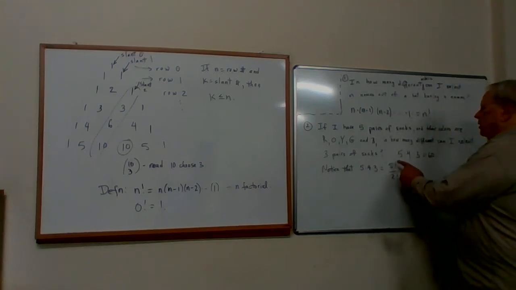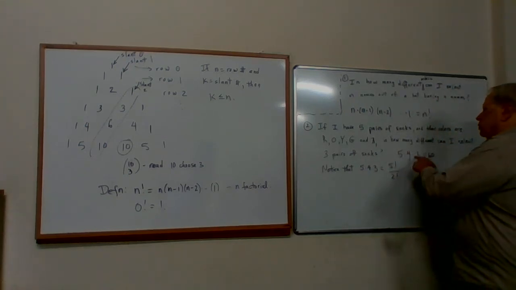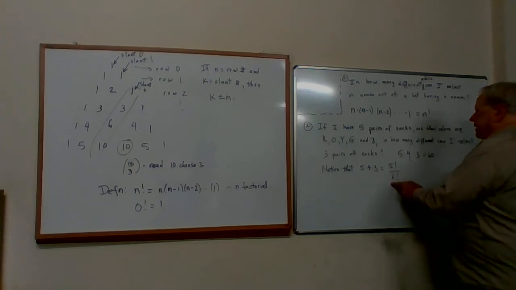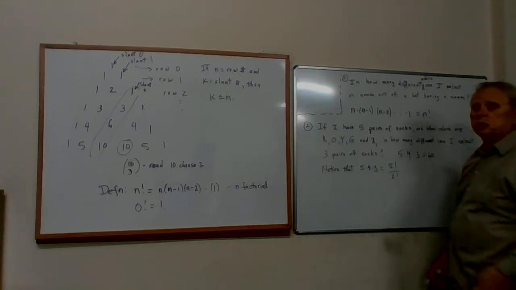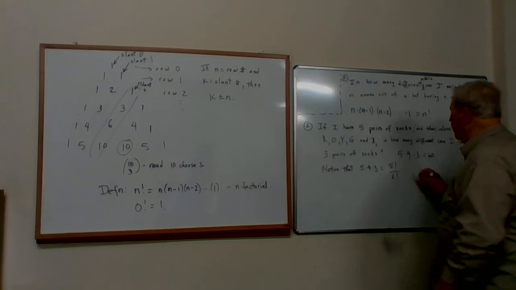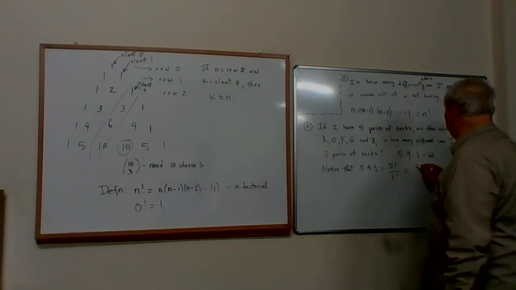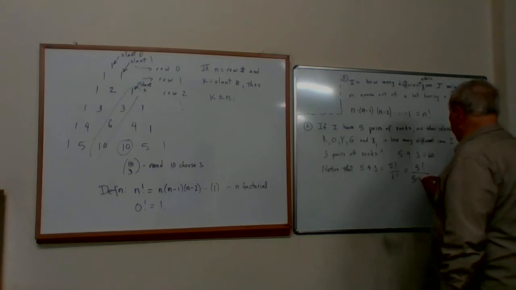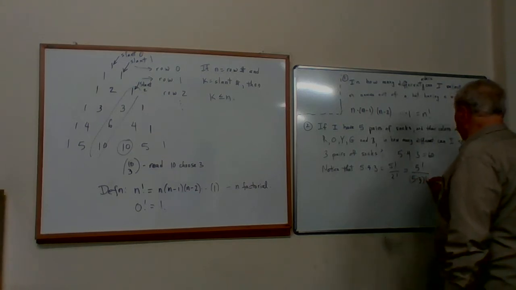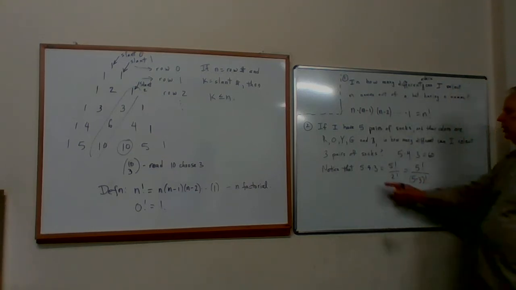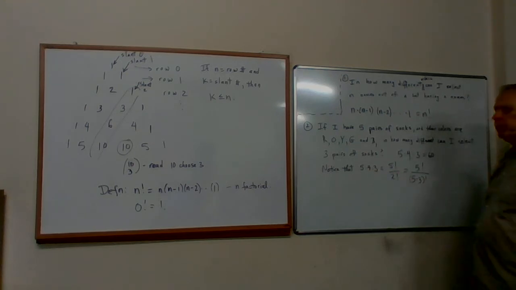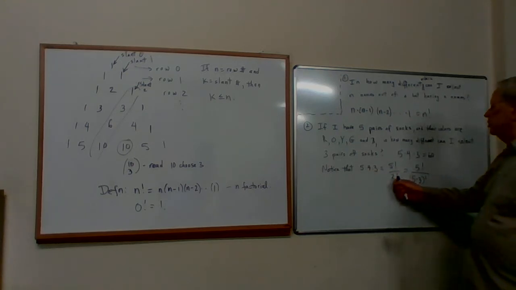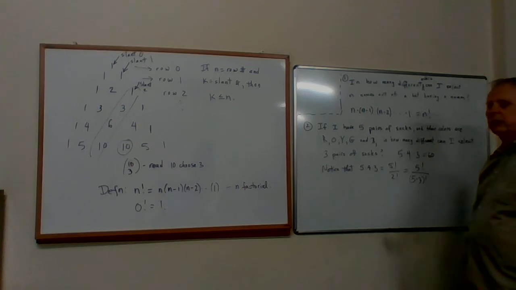Because 5 factorial is 5 times 4 times 3 times 2 times 1, but the 2 times 1 cancels here and leaves me with 5 times 4 times 3. Another way that I'm going to write that is 5 factorial divided by 5 minus 3 factorial. Since we're choosing 3 pairs of socks, that leaves 2 at the end that I'm just dividing out.